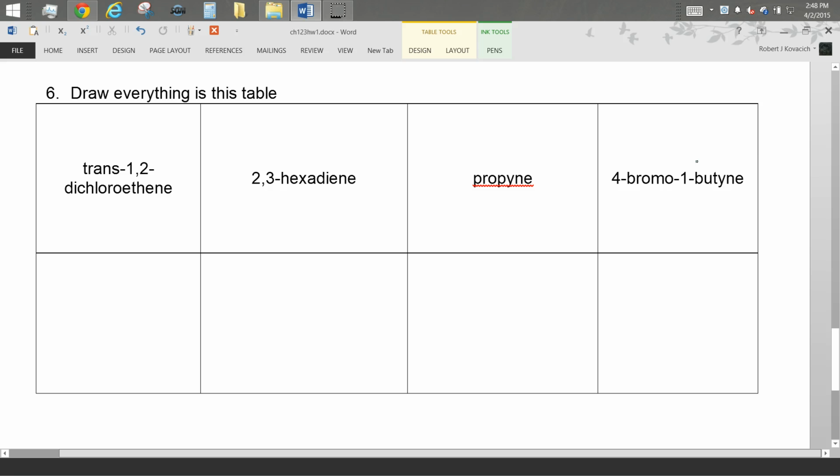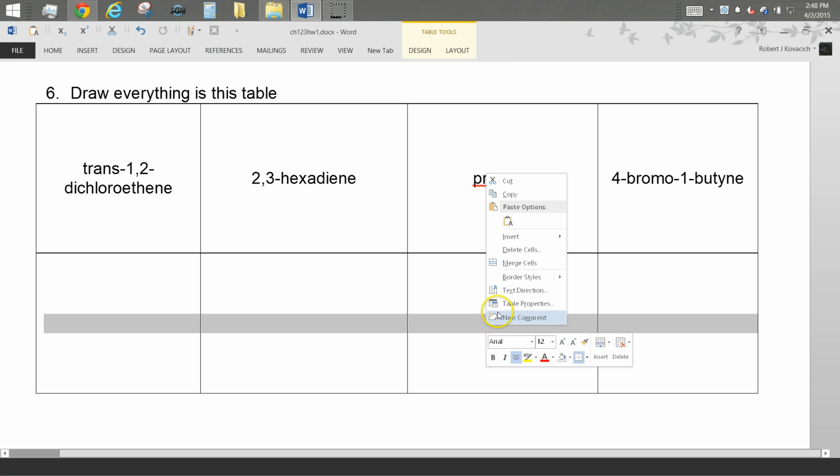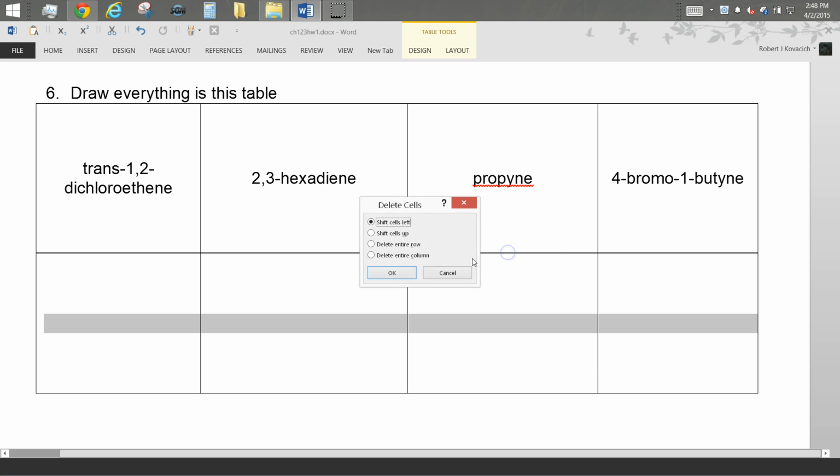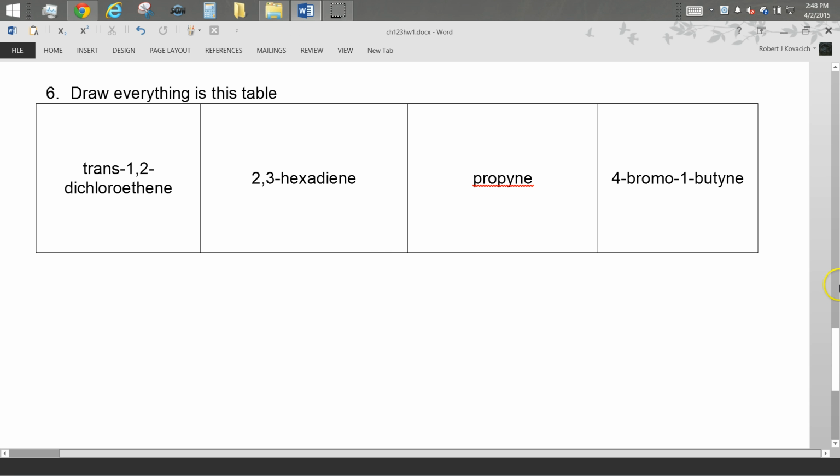All right, so I'm going to draw everything in this table. When you say draw, I don't know if you want like a line drawing. I don't care.